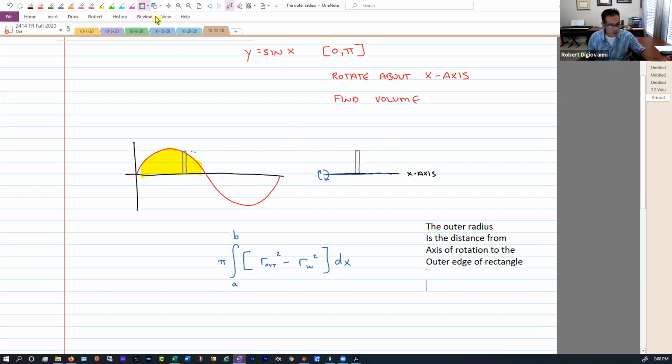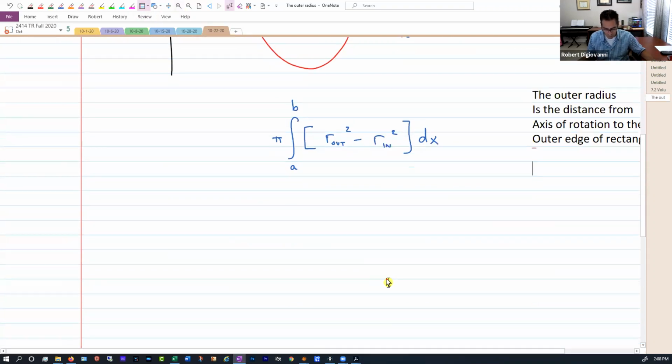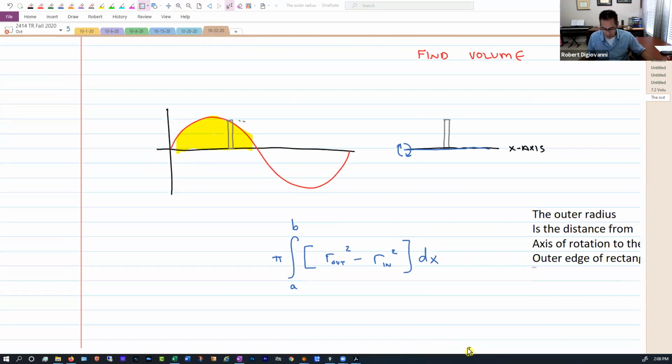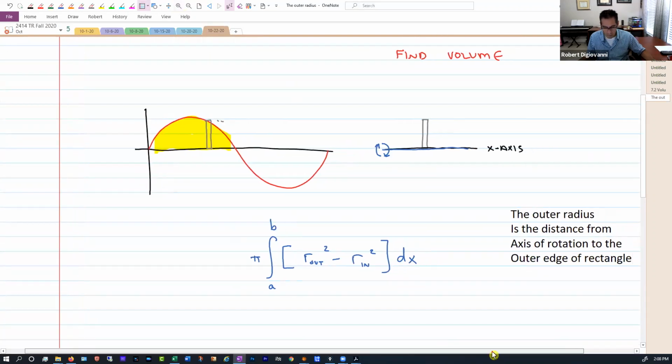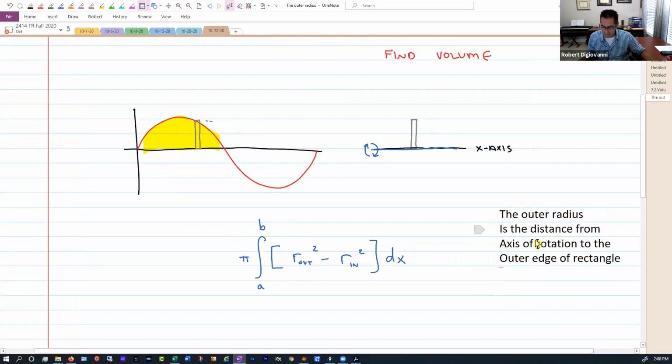So on my picture here, my outer radius is the distance from the axis of rotation to the outer edge of the rectangle. So I'm talking about this distance right here. That right there is R out. Now, can you tell me what it is?